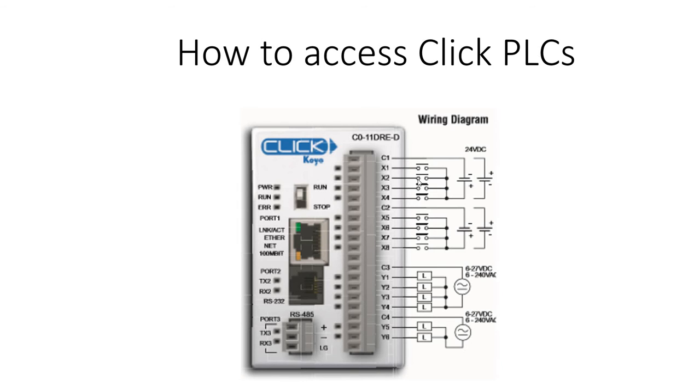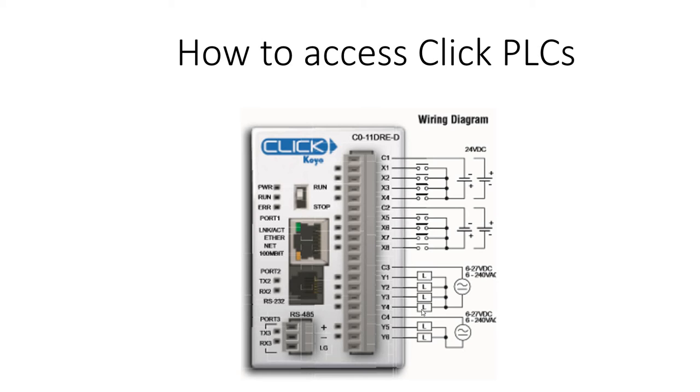And we can split them up. In other words, C1 is for X1 through X4, and C2 is for X5 through X8. So this first group could be sinking, the second group could be sourcing. And down here, we can split up our loads, the things that we're going to turn on.